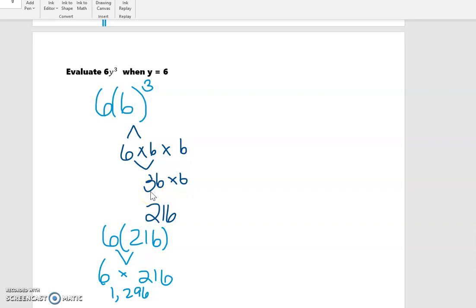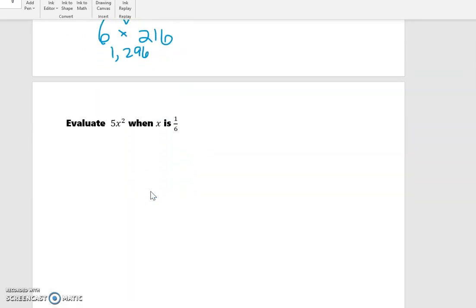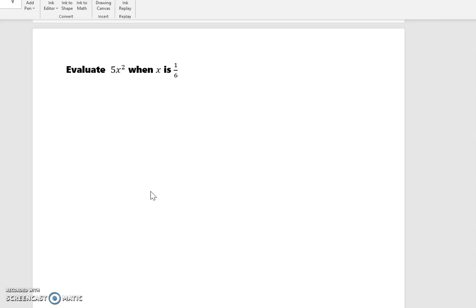Okay, let's look at one more example. In this lesson, we also start to see how to operate exponents with fractions. So I'm going to follow similar steps, except instead of having a whole number for x, I'm now going to replace it with the 1/6.